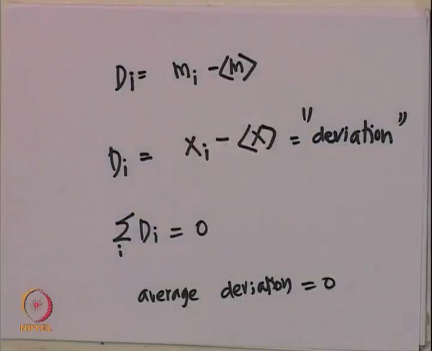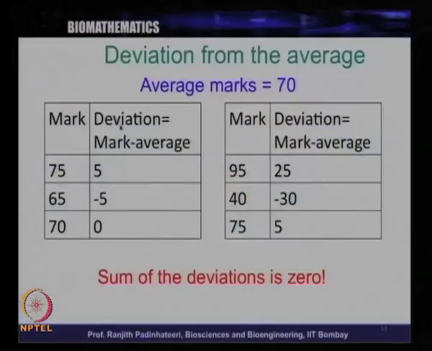So, you cannot talk about average deviation because it is meaningless, because it is always 0. Whatever example you take, if you define deviation in this particular way, the average deviation will be 0. You can see that 5 plus minus 5 is 0, and 25 plus minus 30 plus 5 is also 0. So, you find the sum as 0.